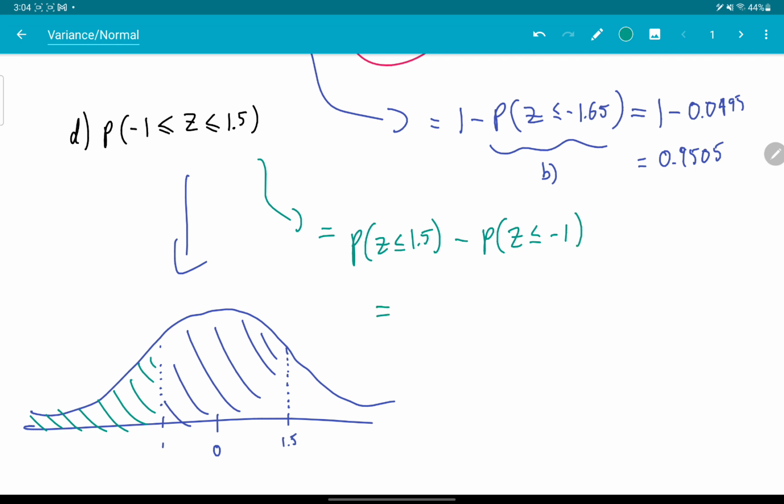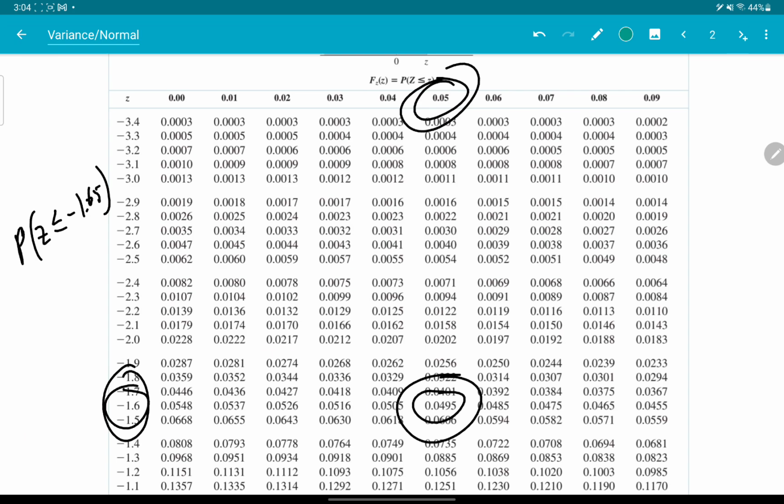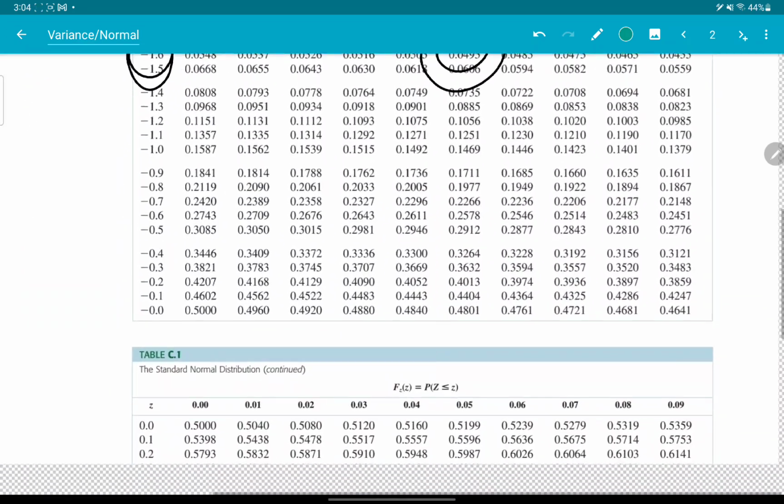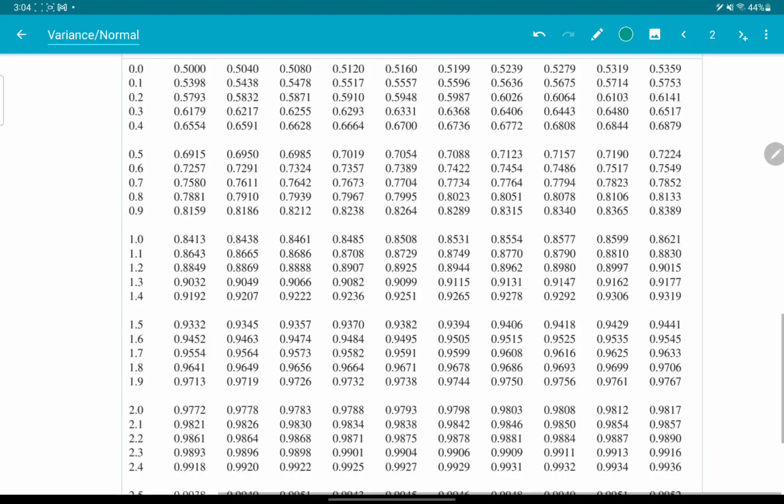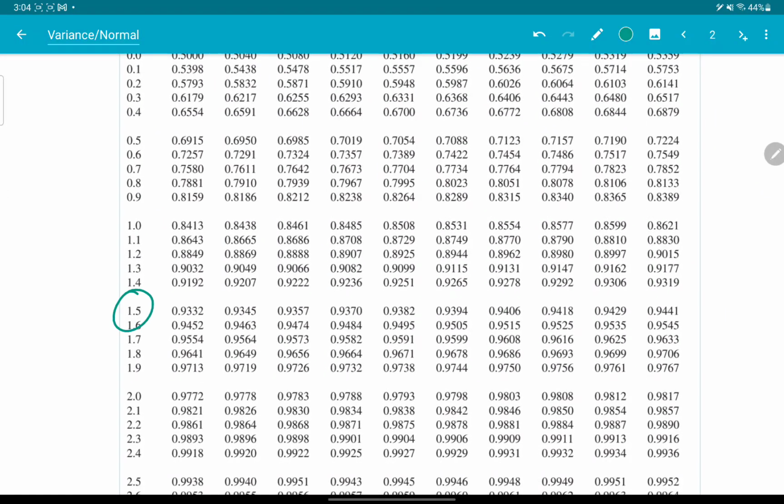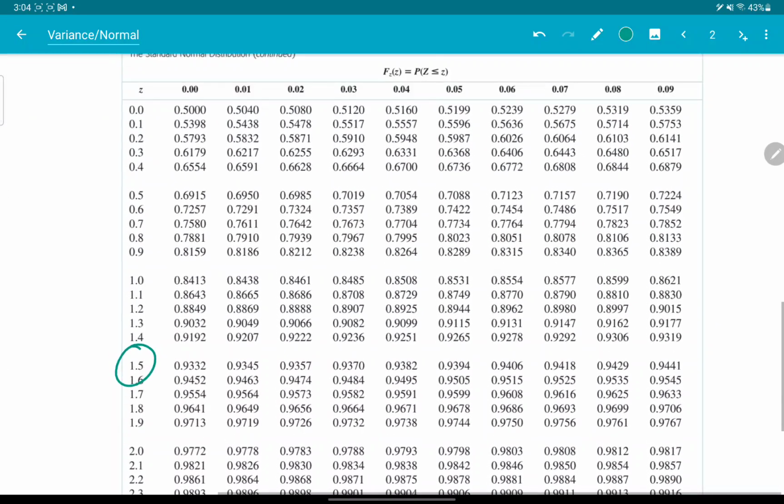And these two things I'm going to have to look up in my table. So I got 1.5 and negative 1. So 1.5 will be, look at the first column, and I go find 1.5. Here's 1.5. And I want the first column, since it's just 1.5 flat, so I get 0.9332.